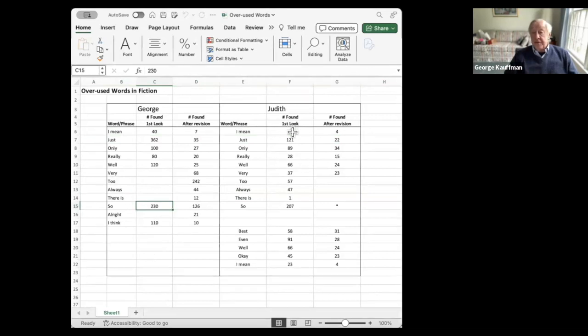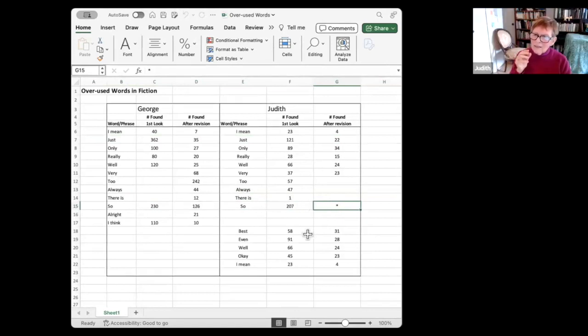And then Judith's big one here was so, 207. But you had some comments. You didn't cut out as many. I got kind of exhausted. I might yet go back. But what happens with the word so, one reason you see so many so's is that it has two different functions. It can act as a conjunction, just like and, or, nor, for, but, and so.